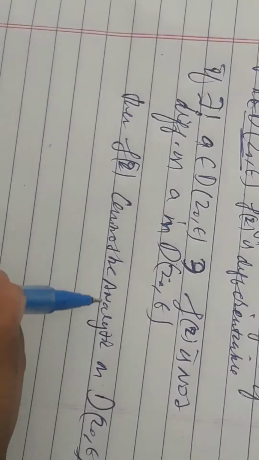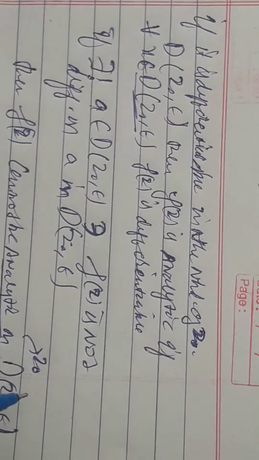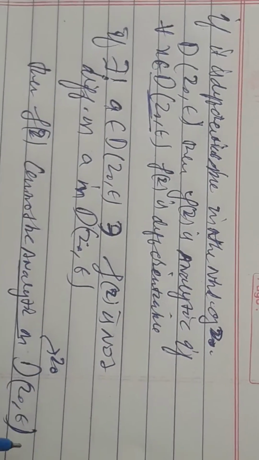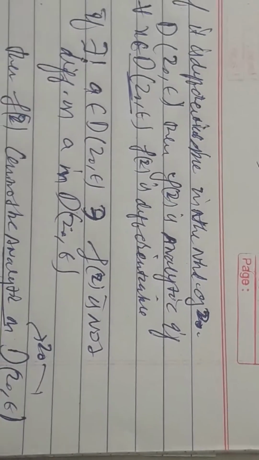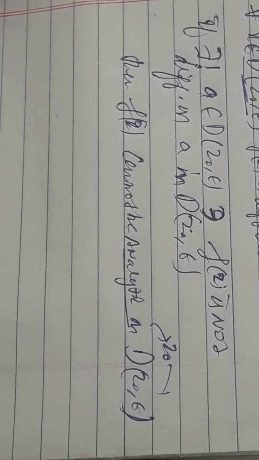You may also say on z naught as well, because analyticity always takes the neighborhood, not only a single point, where we can check the analyticity of a certain complex valued function. How can we analyze whether the function is analytic or not?